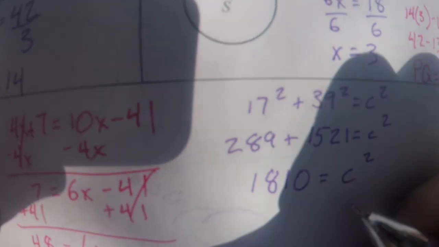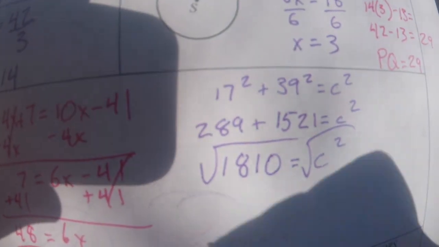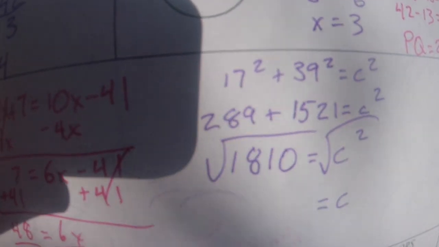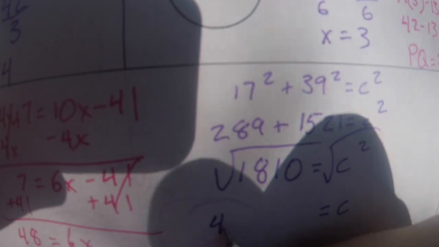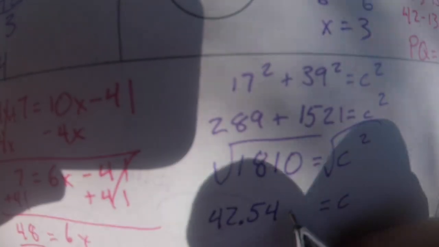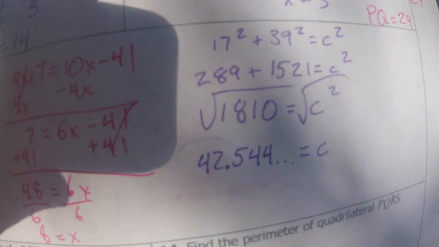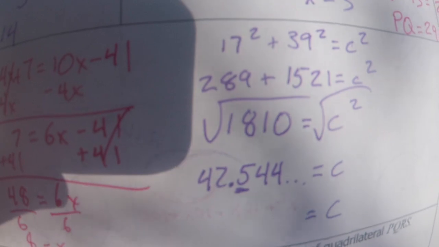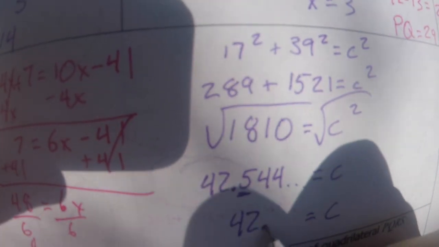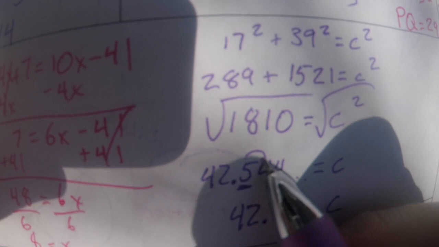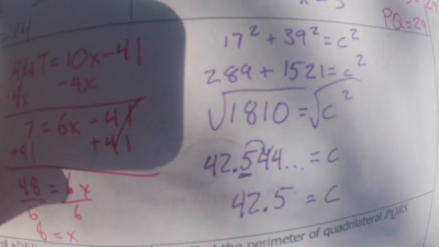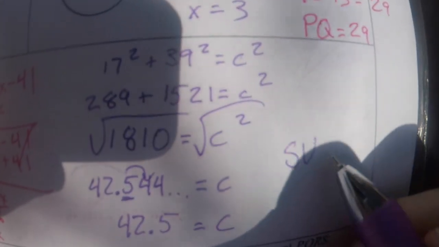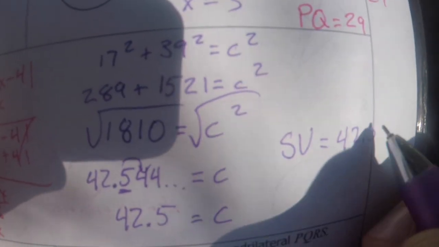And then last but not least, square root, and I get c is the square root of 1810, which ends up being 42.544... Let's keep rounding to the nearest tenth, might as well. So I would round this to 42 point, we keep it the same because of the 4, so 42.5. And that's how long SV is, which is what we were being asked to do. So SV equals 42.5.